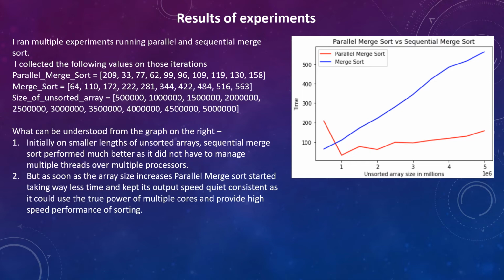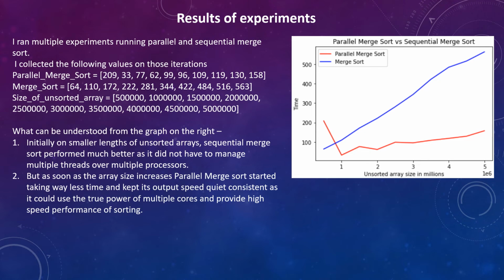As the array size increases, its time actually started decreasing in comparison to merge sort, whose time kept increasing. It was using multiple cores to process this data, so it took way less time than regular merge sort, and it kept that quite consistent throughout, even with such high values.